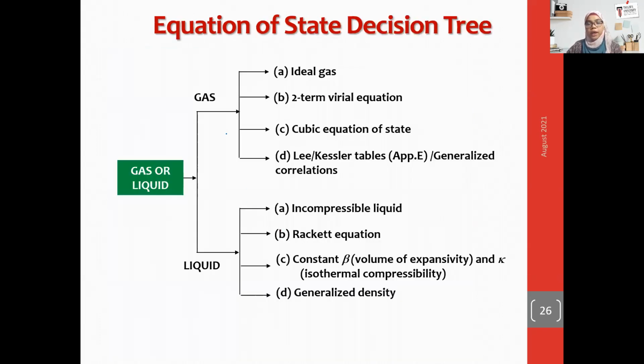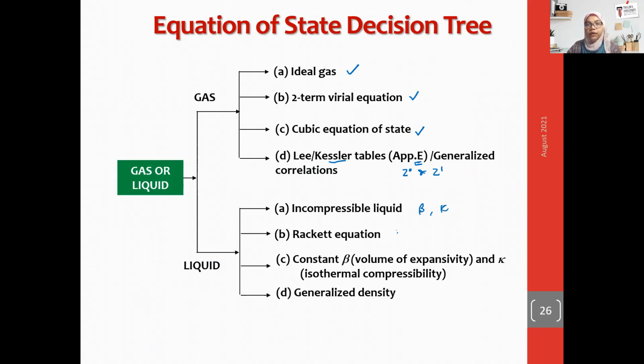Okay, overall, by differentiating between the gas and liquid. For the gas, we can use the ideal gas law and second-term virial equation as well as the cubic equation of state. But for the generalized, you may use the Lee-Kessler table by referring to Appendix E to define your Z0 and Z1. For the liquid, we already learned about the incompressible liquid that relates to the beta and also the kappa.